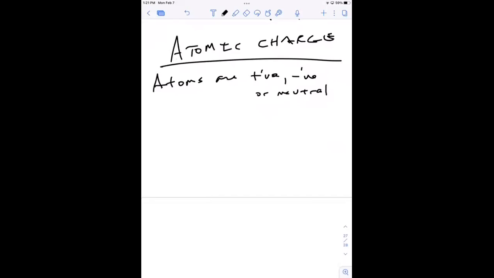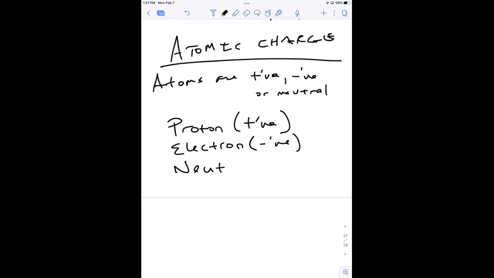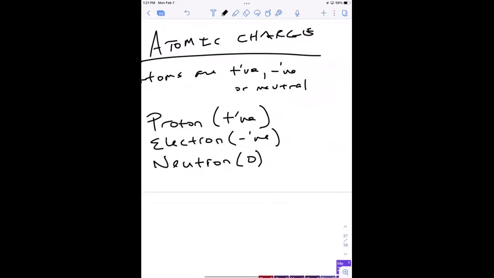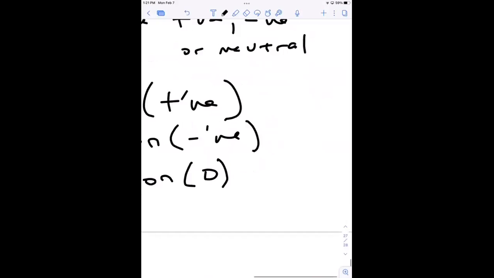But for the subatomic particles within an atom, the proton has a positive charge, right? The electron has a negative charge, which we talked about already. And then the neutron has no charge, right?